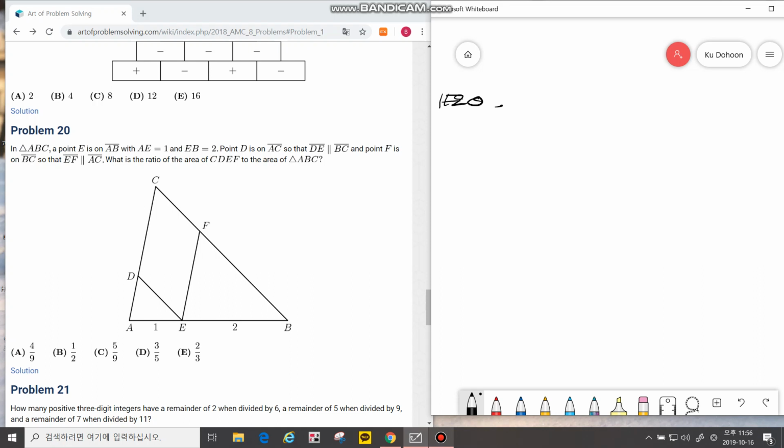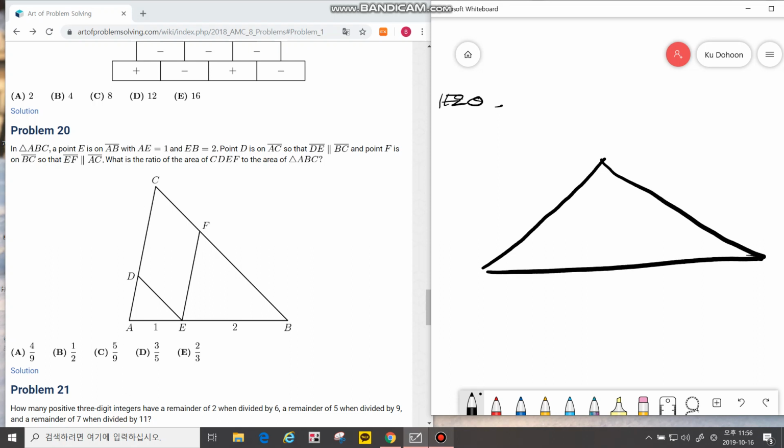Now, you have a triangle here. It's so hard to draw. Okay. Now we have a triangle ABC. And then we have a parallelogram FDE. This is a parallelogram because what is given here is that DE and BC are parallel.